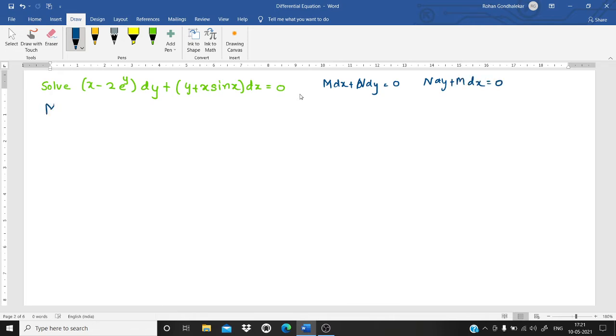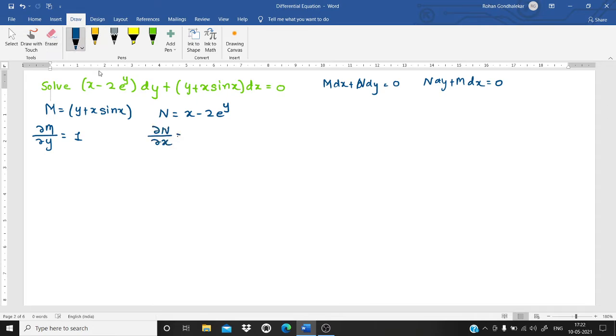So here the M is clear. M is nothing but the multiple of dx, that is y plus x sin x, and N is (x minus 2) e raised to y. So what is del M by del y? Del M by del y is 1. That is the partial derivative of this particular term with respect to y. Now what is del N by del x?